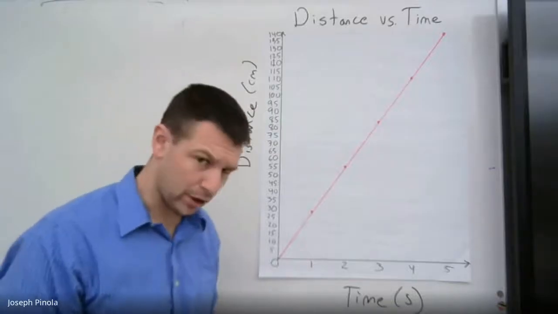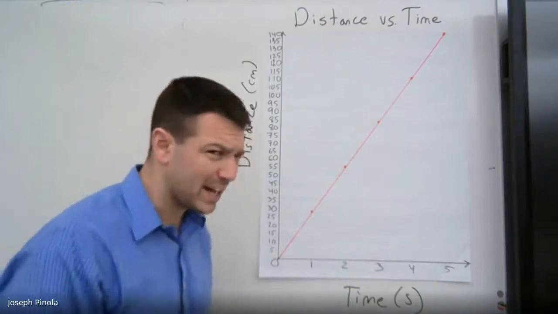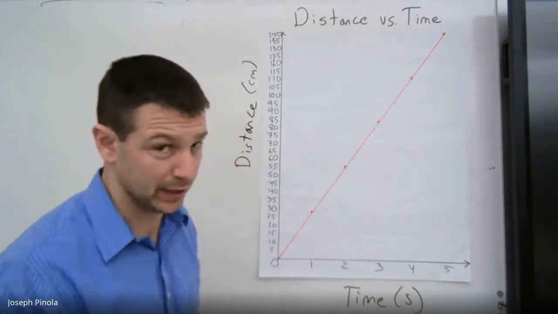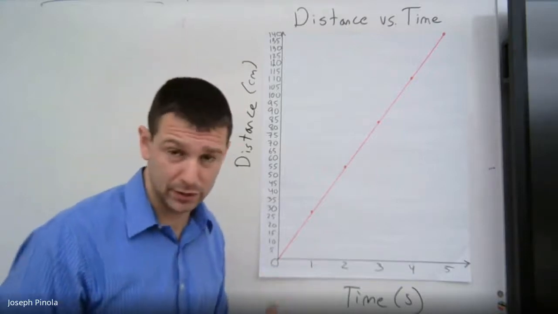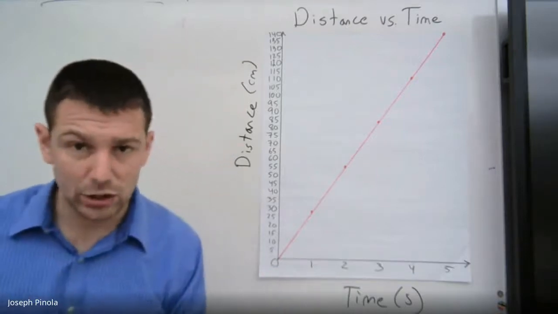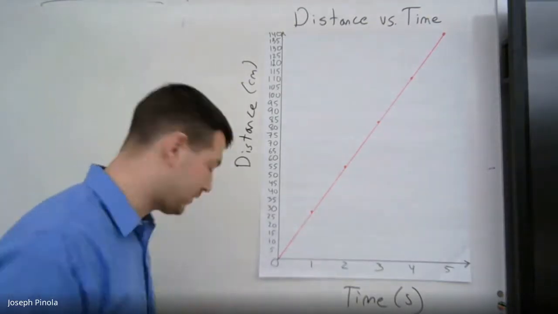But let's now take a look at our black train on the same graph. And our black train did not cover quite as much distance as the red train. In fact, in 5 seconds, the black train only covered 82 centimeters. And so once again, I took some data about how far each of these trains would move after certain amounts of time.